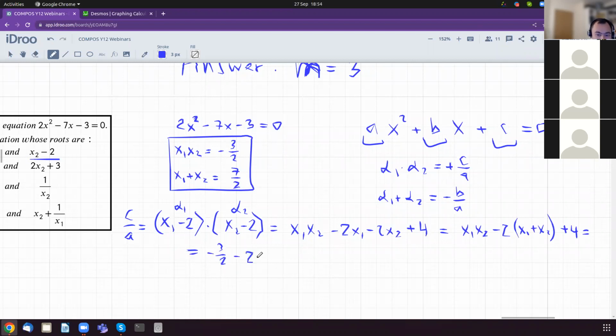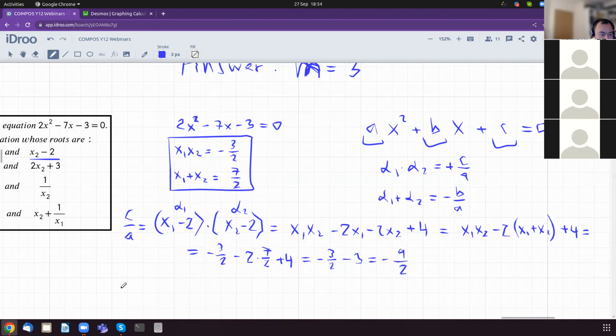Minus 2 multiplied by 7 over 2 plus 4. So that's minus 3 over 2, minus 7 plus 4, that's minus 3, so it's minus 6, minus 9 over 2.